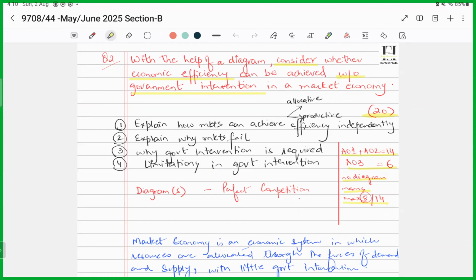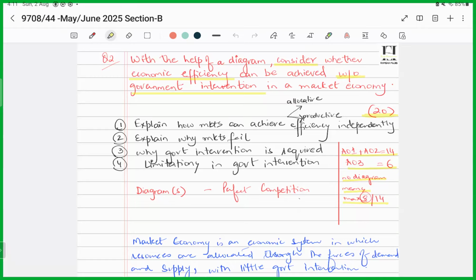That means they look at your knowledge, understanding, and analysis. The remaining 6 marks of this question are for your evaluation. So you need to have a solid understanding, analysis, and evaluation for your answers in order to score max.